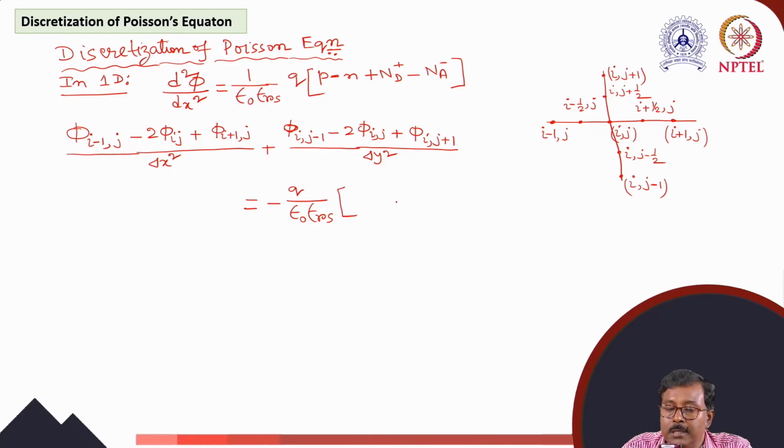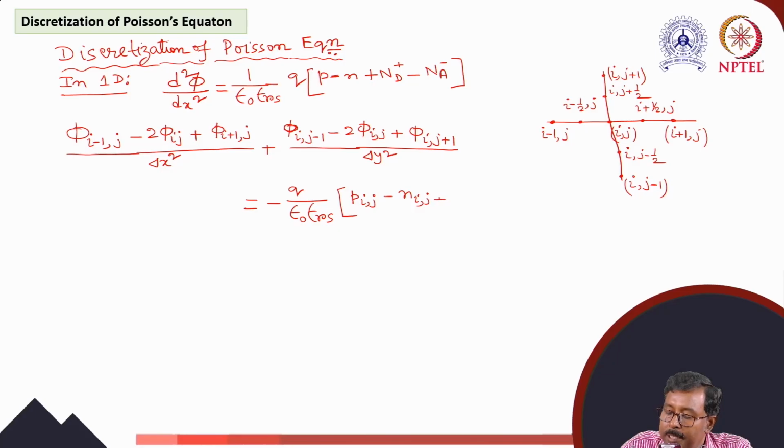say, first you have to write p minus n. So p ij minus n ij, and then nd, or let us write only nd here.